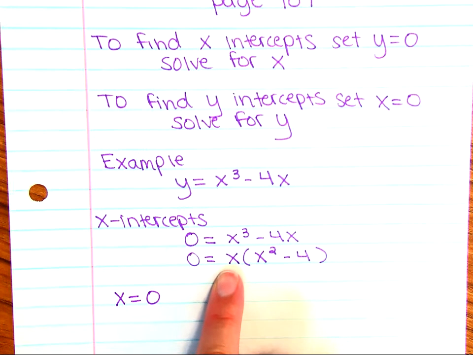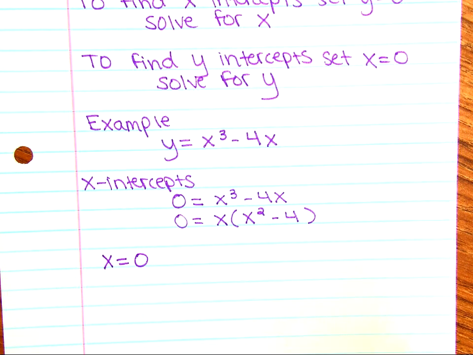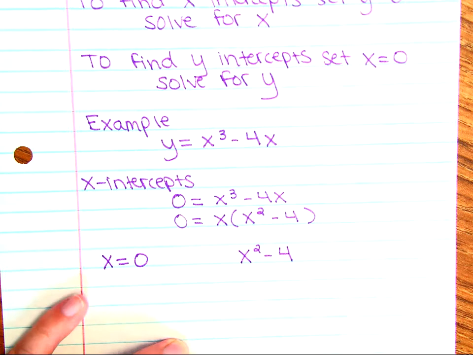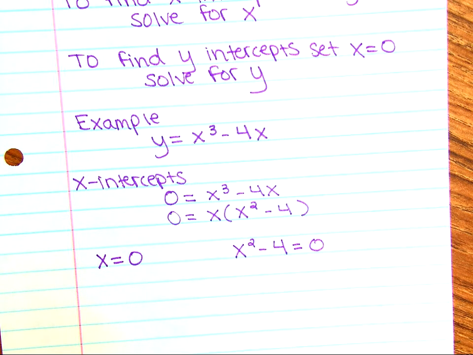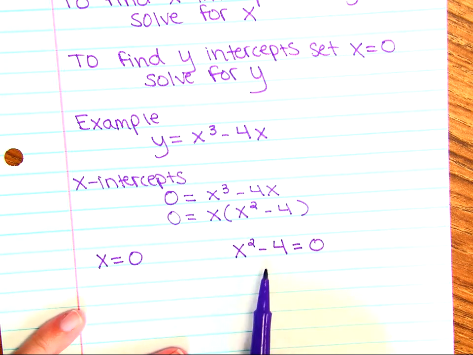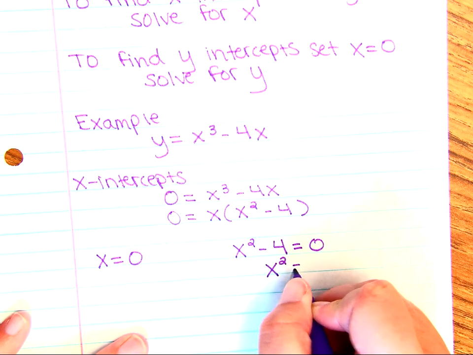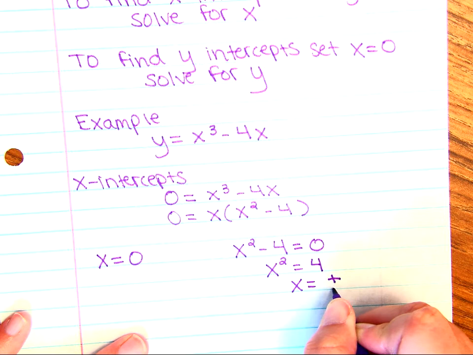Now what about x squared minus 4? How do I solve that? And that's equal to 0. You could factor, which is probably what I would do, or you could add 4, and then take the square root of both sides. So you'd have x is equal to positive and negative 2.